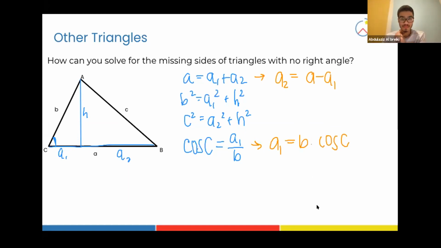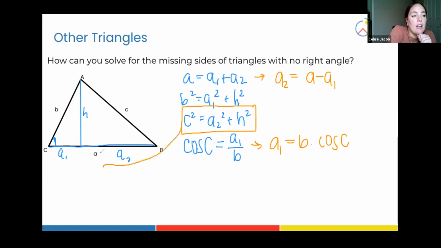All right. So here's what we're going to do. We are going to substitute these values into our equation here. Okay, so I'm going to take this one right here, and we're basically just going to start manipulating it.